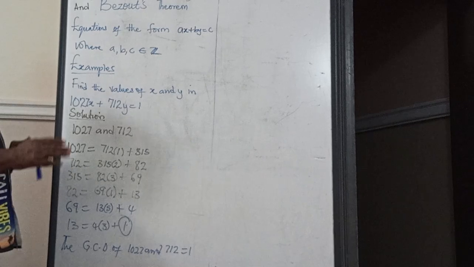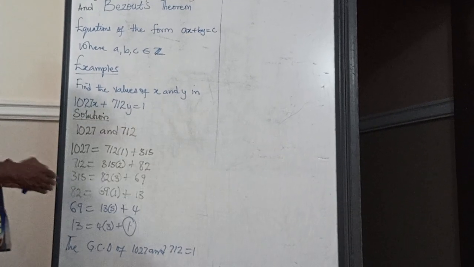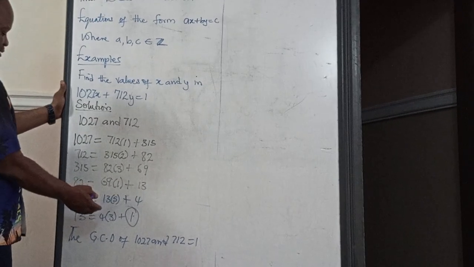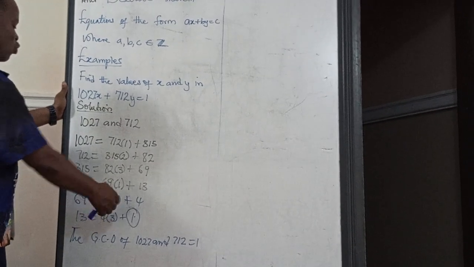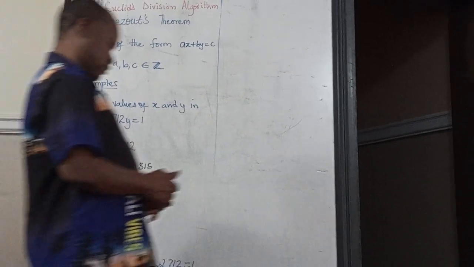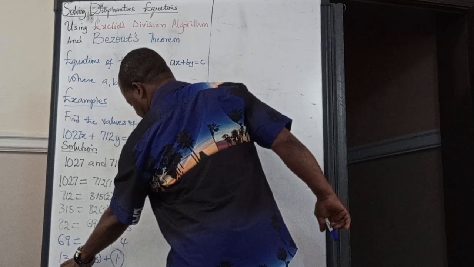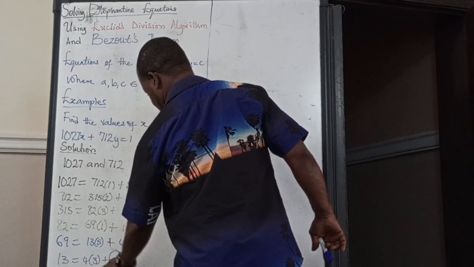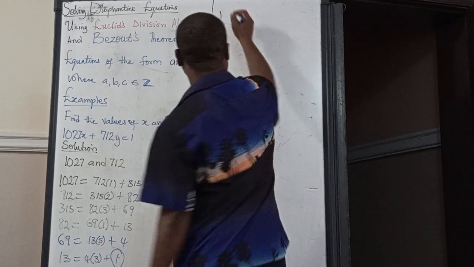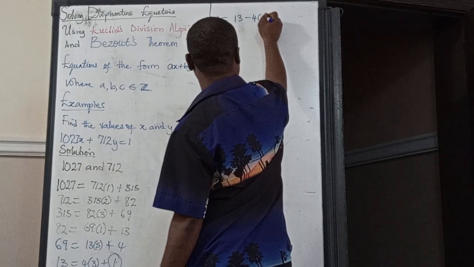Bezout's theorem actually makes it easy. I'm not going into the statement of the theorem, but the easier way is we can begin from the last value of this Euclid's division algorithm problem and then walk back to the question given to us. Now let's see how that can be done on the other side of the board. 13 minus 4 times 3 gives 1. So 1 is equal to 13 minus 4 times 3.